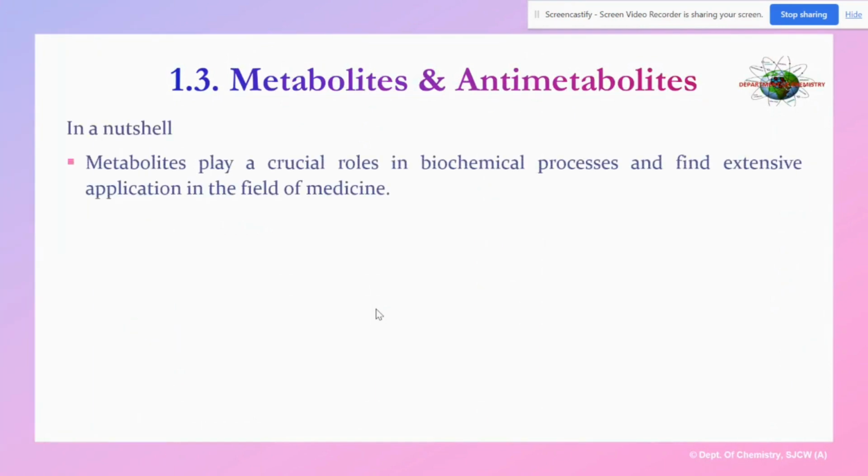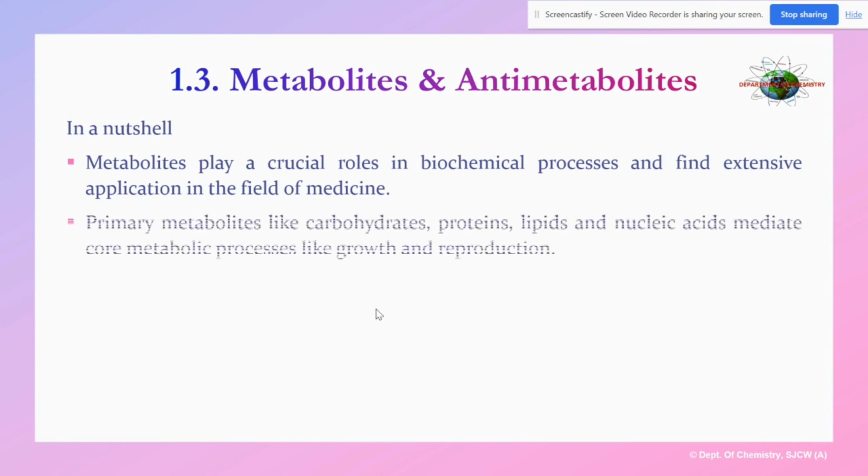In a nutshell, we have learnt that metabolites play a crucial role in biochemical processes and they also find extensive application in the field of medicine. They are the original chemicals that are found in living systems.